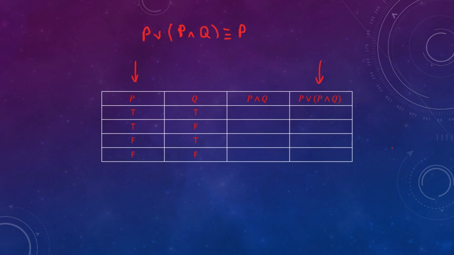Okay, so let's see what you got when you filled in your table. Hopefully you should have come up with this right here. Going down our P and Q column, the conjunction of true and true is true, and then true and false gives me a false. False and a true gives me a false, and false and a false gives me a false. So that's our third column there.